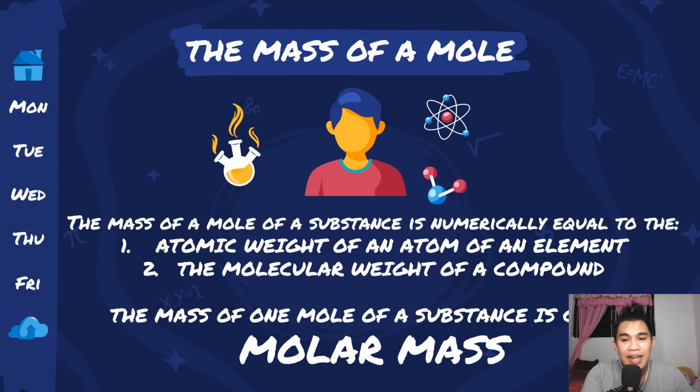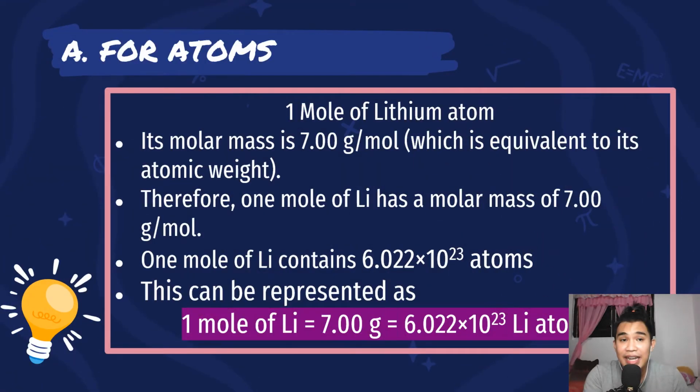Let's talk more about how we are going to get the mass of a mole. Let us begin with atoms. For atoms, how are we going to get the mass of the mole? For example, we have 1 mole of lithium atoms.